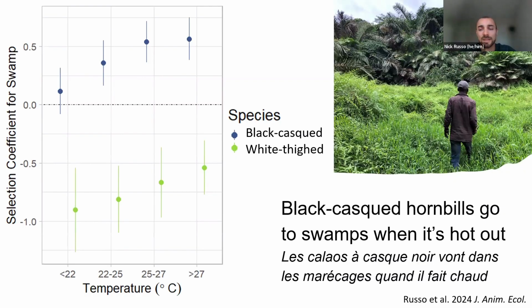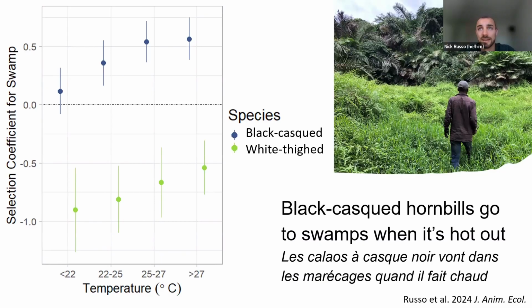We found that black-casqued hornbills tend to prefer swamp habitats over other types, and they increase that preference for swamps in hotter temperatures. So this is interesting because swamps, which are dominated by the palm species Raphia monbatorum and then some other Raphia palm species, have standing water year-round or nearly year-round, and they might be acting as a cool refuge for black-casqued hornbills to visit during hotter temperatures.